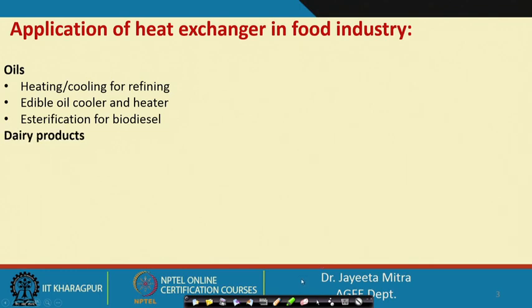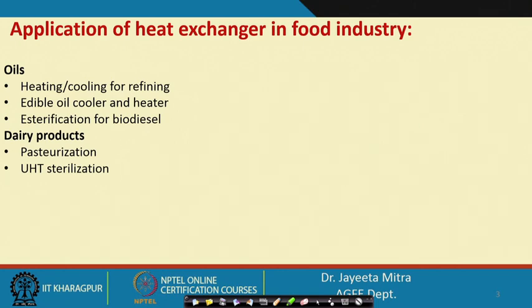Then dairy products, a very important application where pasteurization and sterilization happen. In case of milk pasteurization unit, you will get both kinds of configuration. Plate heat exchanger, in the regeneration section, two regeneration sections are normally there.